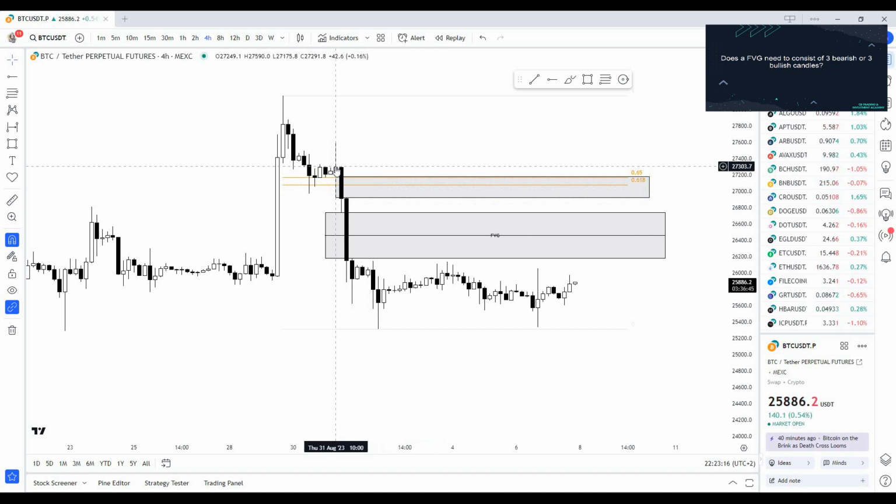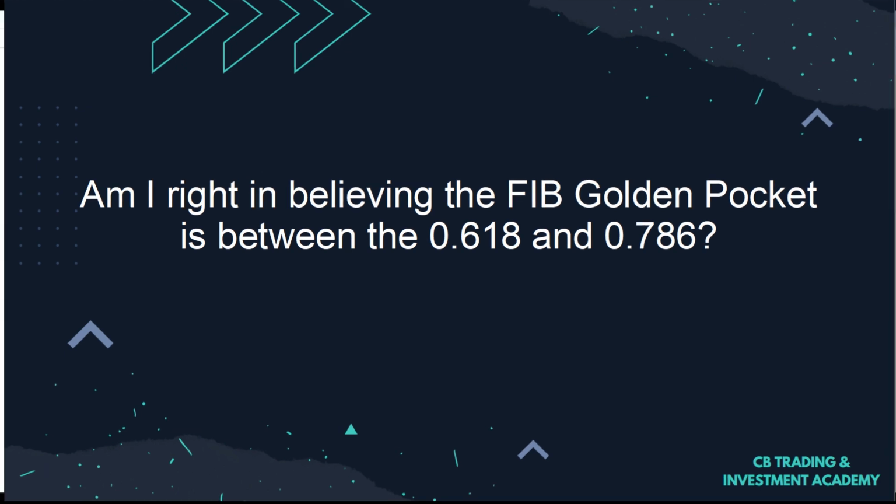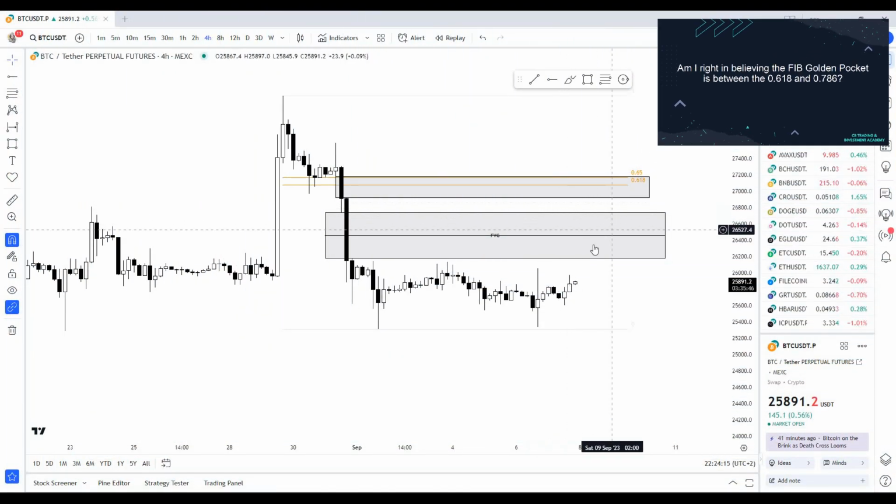But to be a textbook FVG, consider it to be 3 of the same color candles. Yeah, also that's what it is with trading. Eventually you just have to find and look for the things that fit your strategy best. And also with golden pocket, you can find a lot of info on that, and you can find a lot of different views on that.